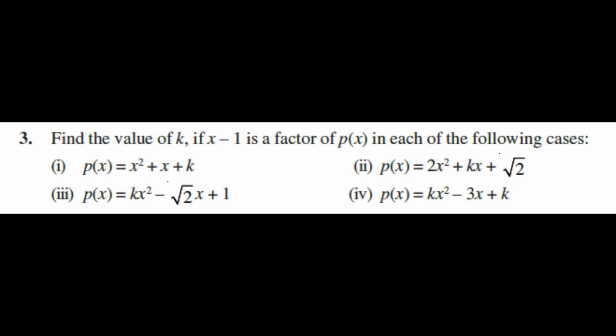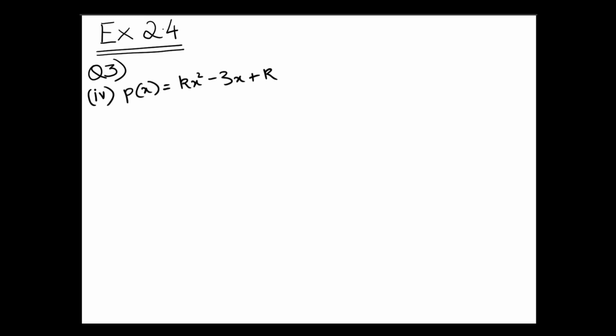Now the fourth part is p of x equals k into x square minus 3x plus k. Again, we know that x minus 1 is a factor, so p of 1 must be equal to 0. This gives us k into 1 square minus 3 into 1 plus k is equal to 0.